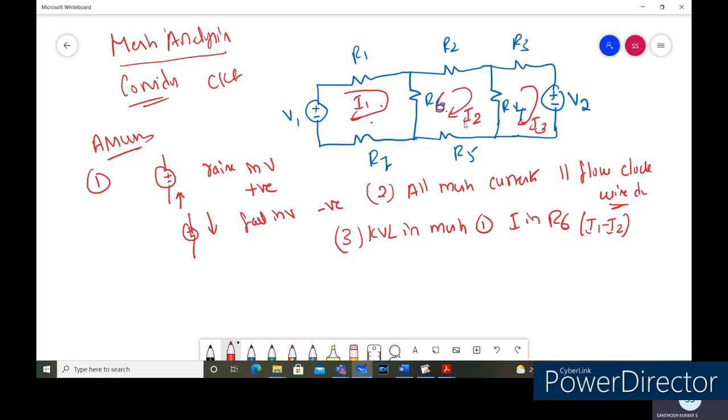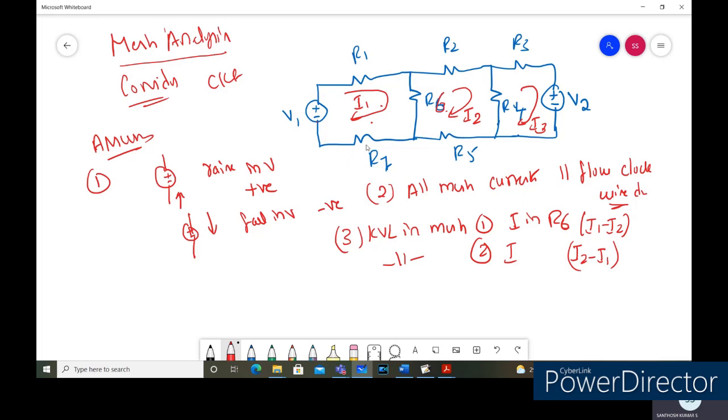Similarly, if you are applying KVL in mesh 2, it is I2 minus I1. So these are the three assumptions we need to make in order to apply Kirchhoff's voltage law.